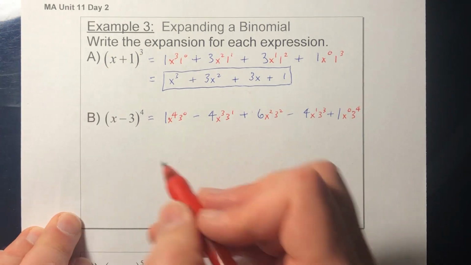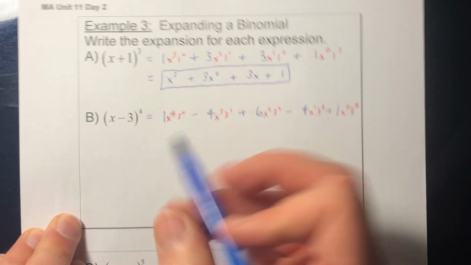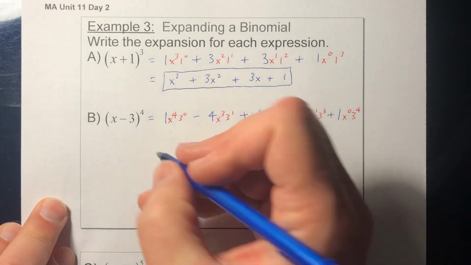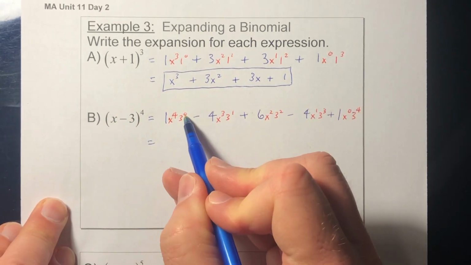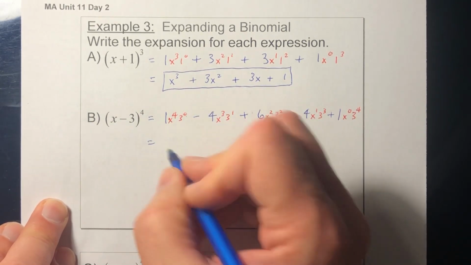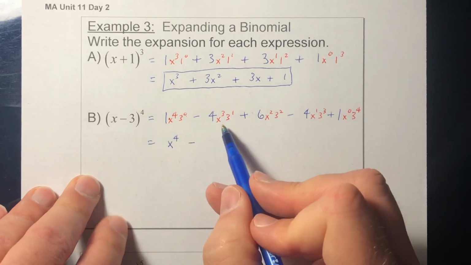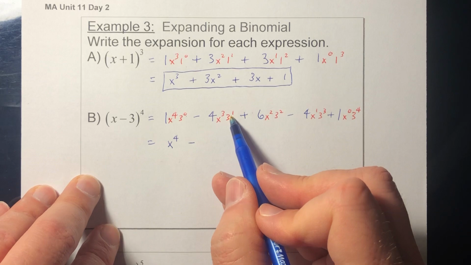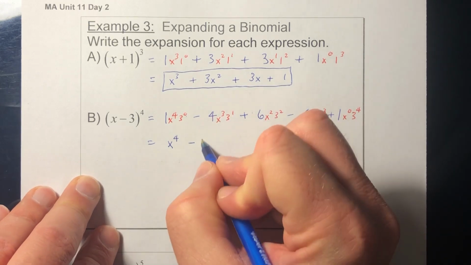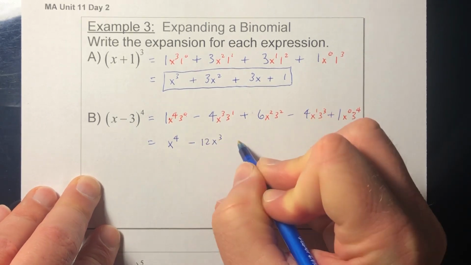Okay, now this one's a little harder to clean up, but we can do it. 3 to the 0 is 1, times 1 is 1, times x to the 4th is x to the 4th. Okay? 3 to the 1st is 3, times 4 is 12, times x to the 3rd.